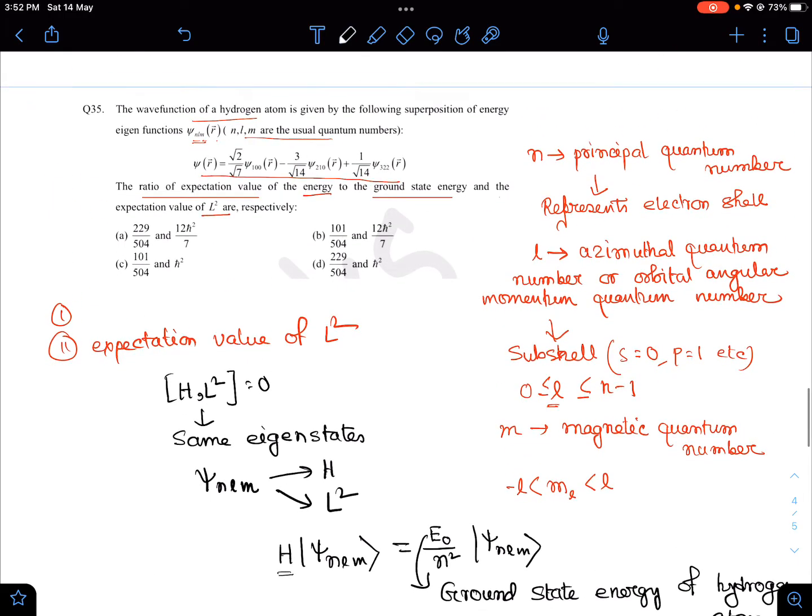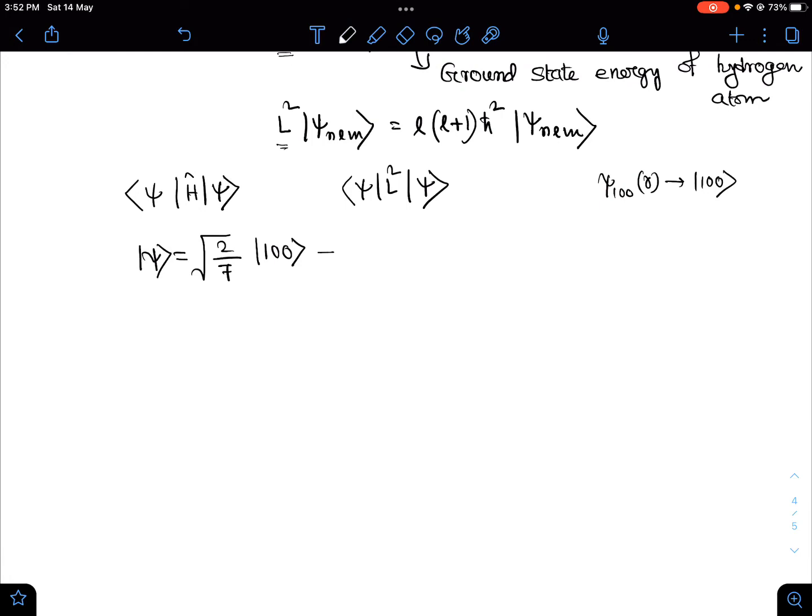The second term we have root under 3 by 14 times |210>, and the last term we have root under 1 by 14 times |322>. These are the values of nlm for the different eigenstates.